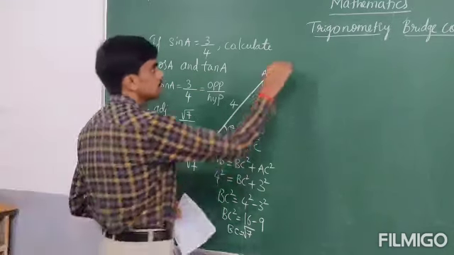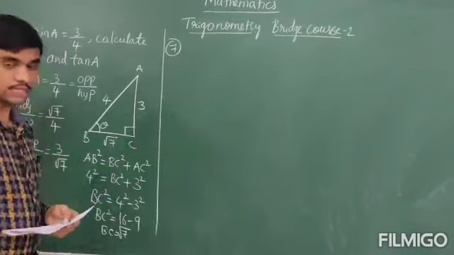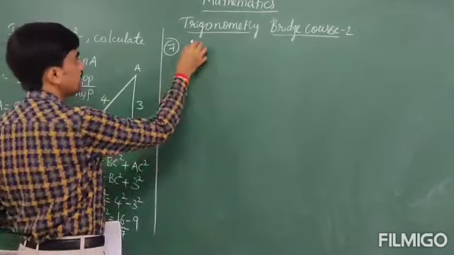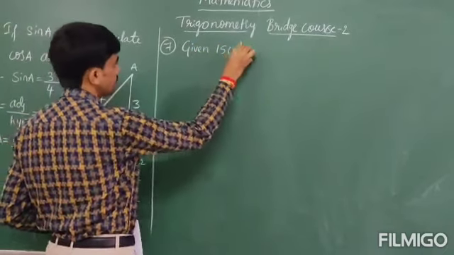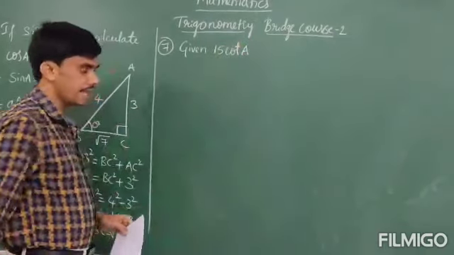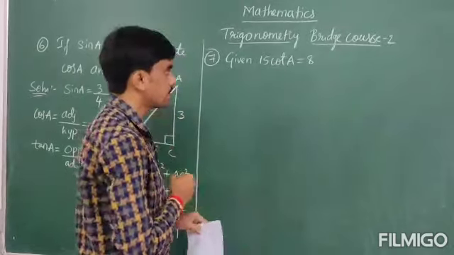So next, problem number 7. They have given 15 cot A is equal to 8.